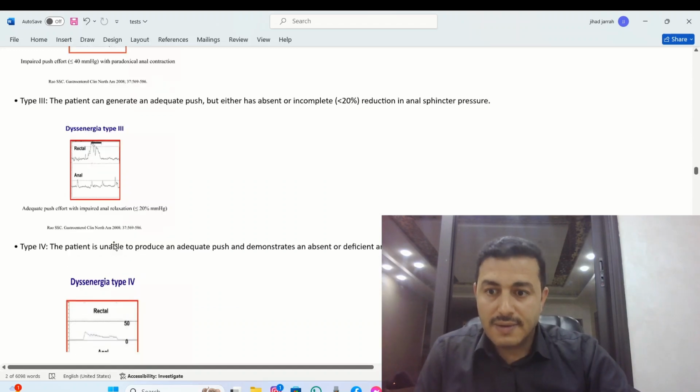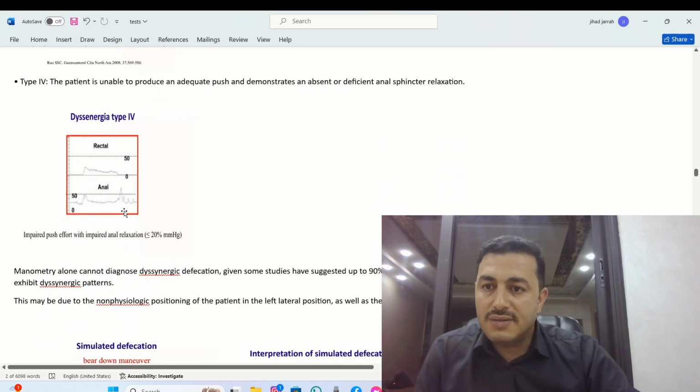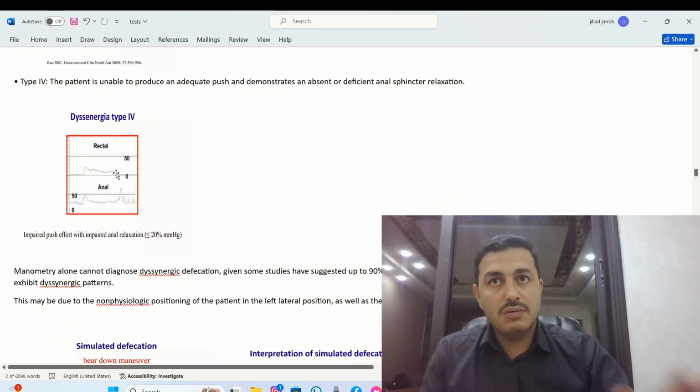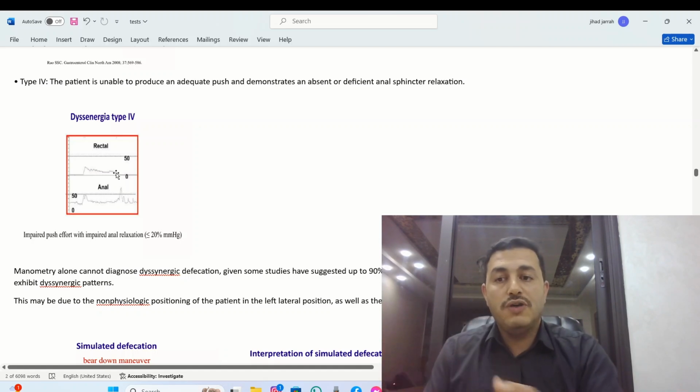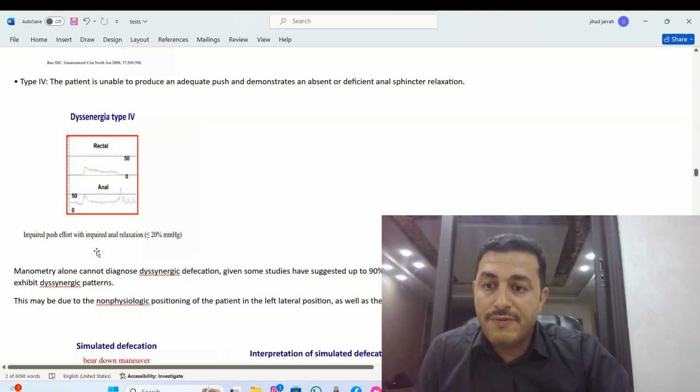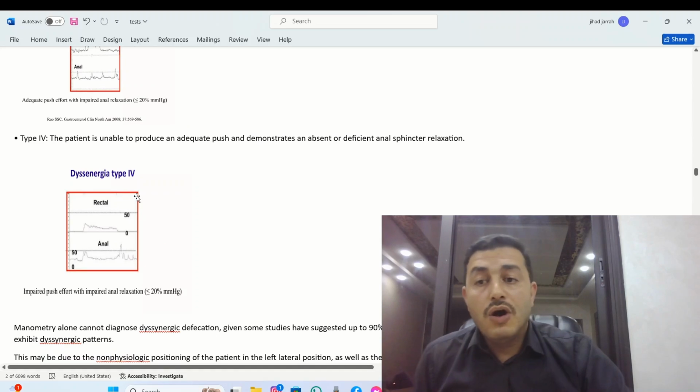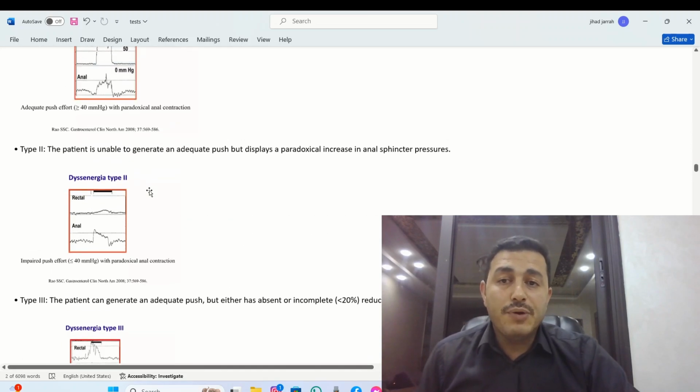Here it increased. And what here? Type 4. We have impaired rectal pressure, not enough push effort. What else we have? Impaired anal relaxation. The anal relaxation is not enough. A different type of dyssynergia.